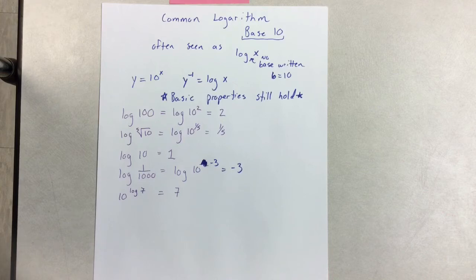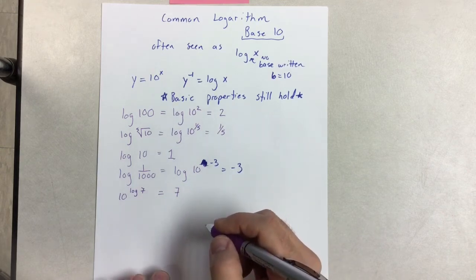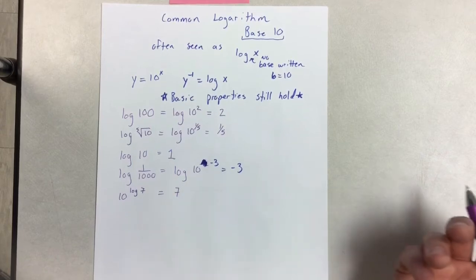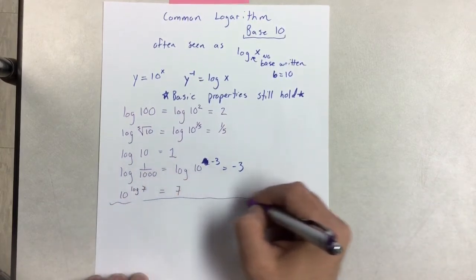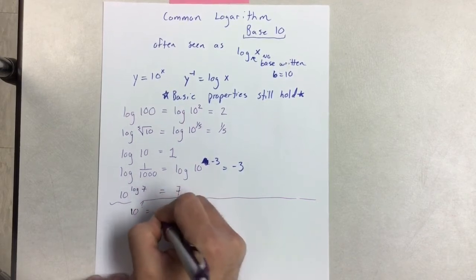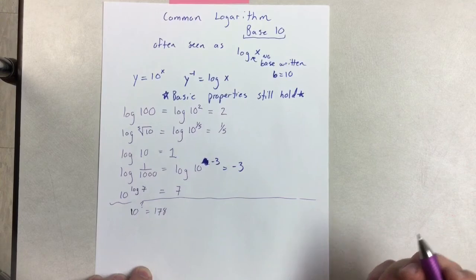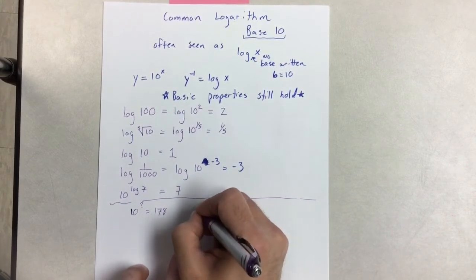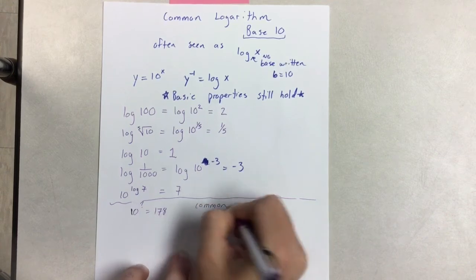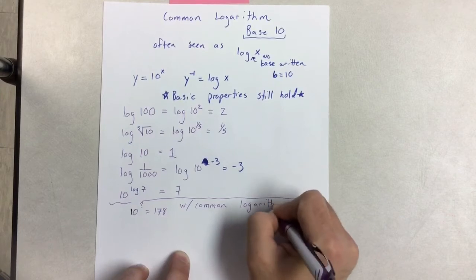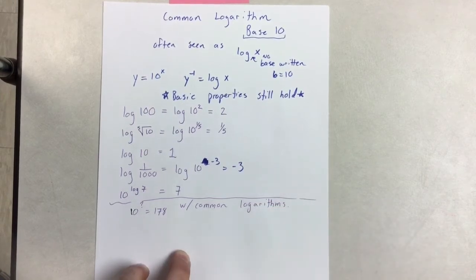At the very beginning of the video, I had asked you a question like, 10 to what power equals 178? I believe that's what I asked you. So believe it or not, with common logarithms, we can use our calculator.